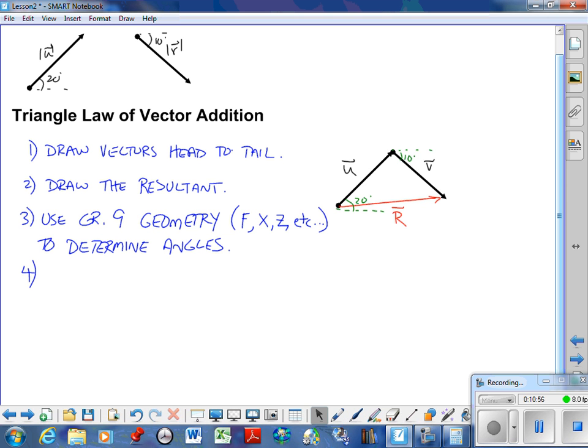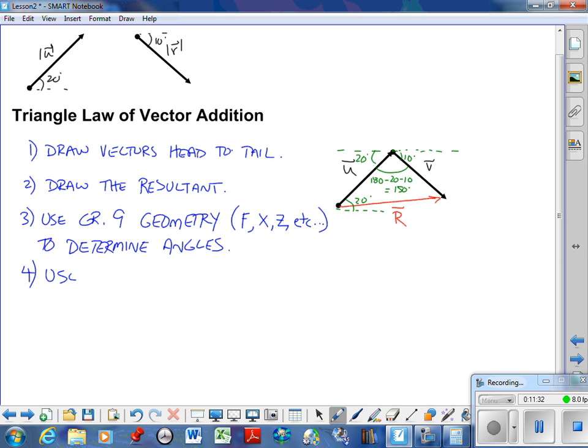So if I was to use a Z pattern, so that means if I extended that horizontal line up here, then I would have a Z pattern right here because my green lines represent horizontals. Alternate angles are equal, so that would mean this angle up here would be 20 degrees. So I would now know that this angle here is 180 minus 20 minus 10, which is 150 degrees. So that's kind of what you're going to be doing in step 3.